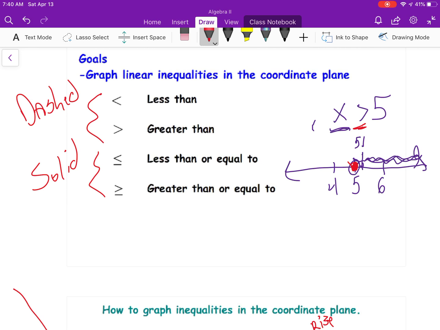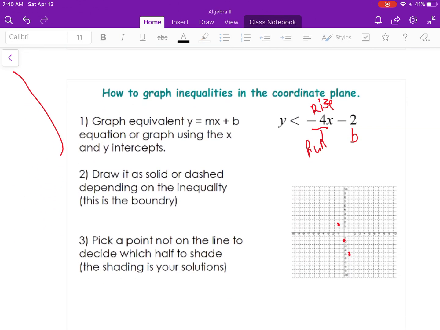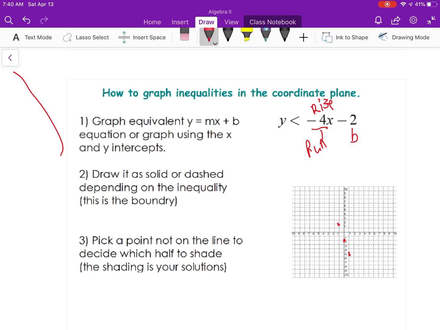It split my number line into the values that didn't work and the values to the right that did work in my inequality. Well, that's basically what I'm doing with my line, setting a boundary. So here we go. It is not equal to, so I'm going to put a dashed line.